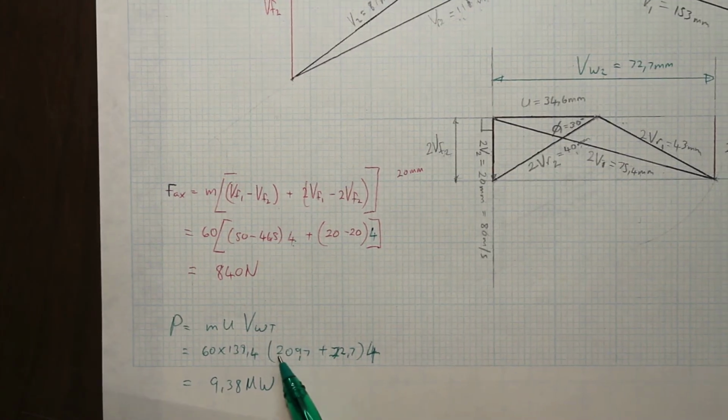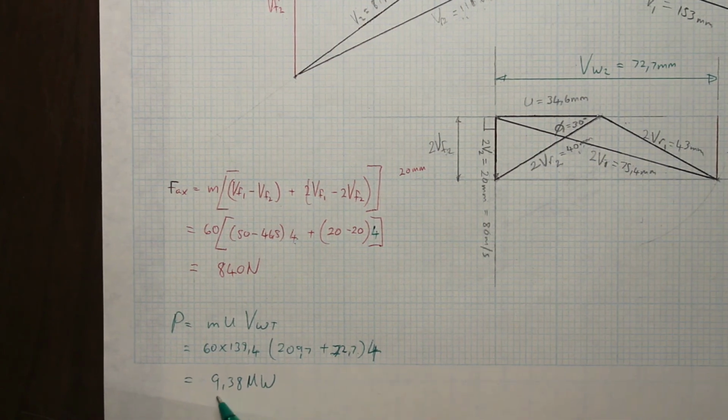Open bracket now, 209.7 millimeters plus 72.7 millimeters. And remember, you must times that by the scale, and then I got 9.38 megawatts of power.